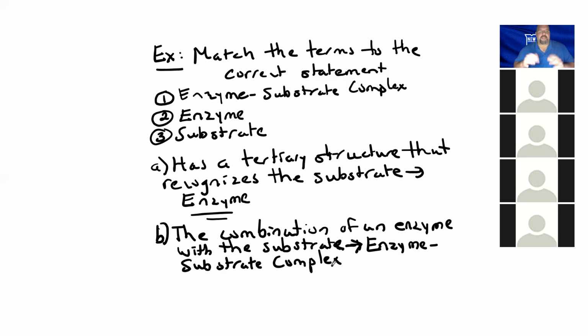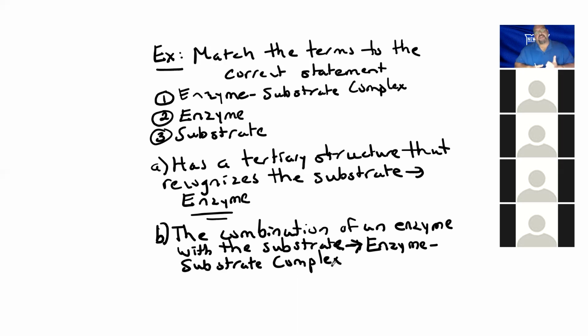The activation energy is the minimum amount of energy required for a reaction to occur. The less energy it takes for a reaction to occur, the faster a reaction can occur. And you only get this alternative pathway for a reaction that has lower energy when you have this enzyme substrate complex.